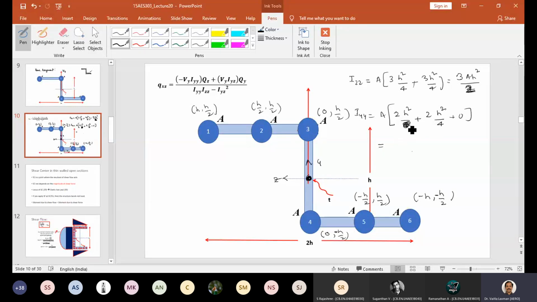So how much is that? 10A h square by 4, that is 5A h square by 2. Is this right?